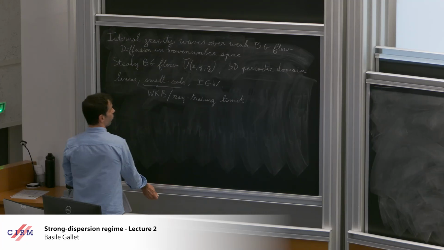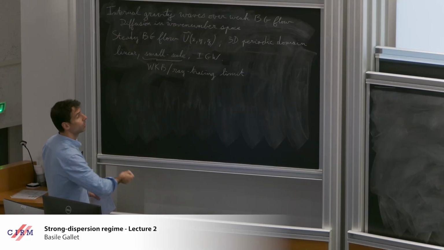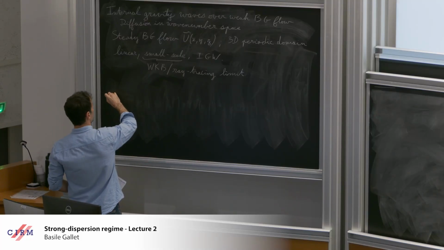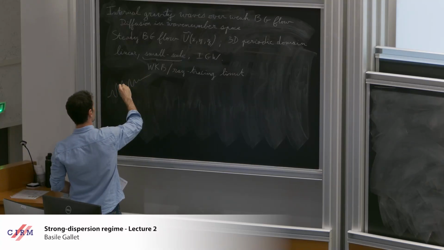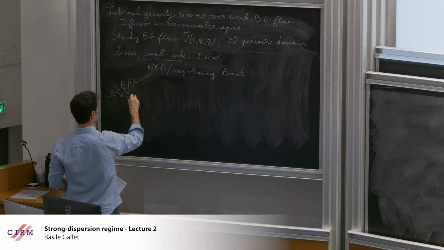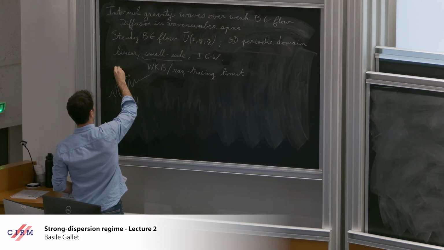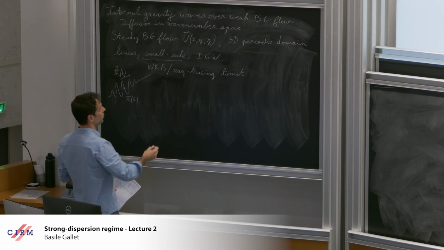To describe waves in the ray tracing limit, it's very close to the classical mechanics limit that we discussed. So the waves will be considered to be wave packets with a position x of t and a wave vector k of t.